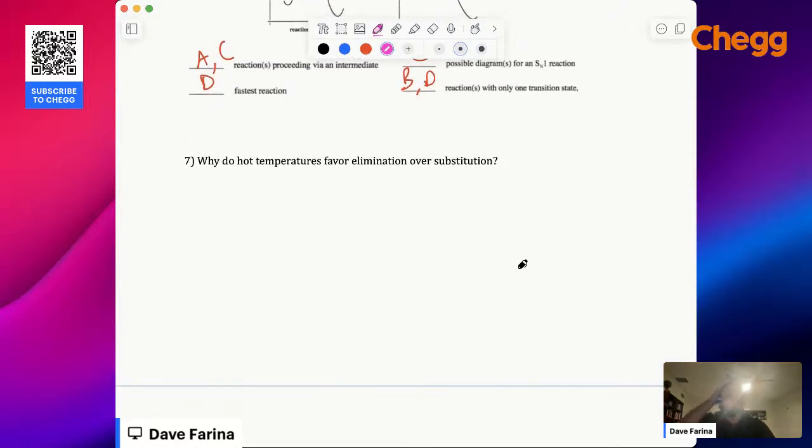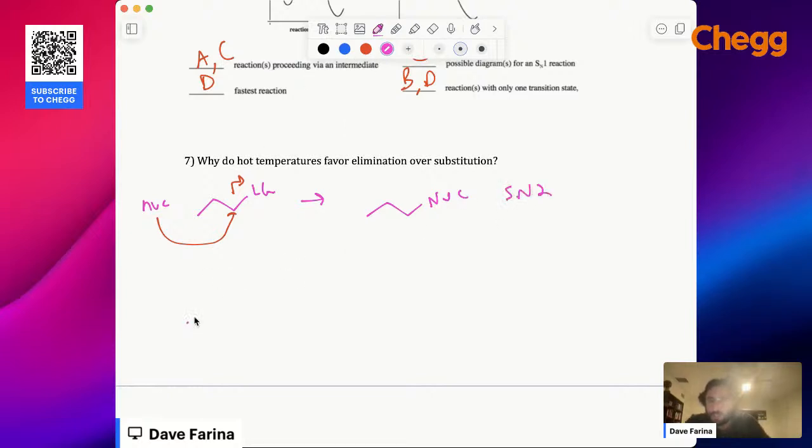So this question was asked earlier. Why do hot temperatures favor elimination over substitution? So let's take a look at, let's say we have a leaving group here and a nucleophile attacks, and we go like this, and we get, so that would be SN2, right?